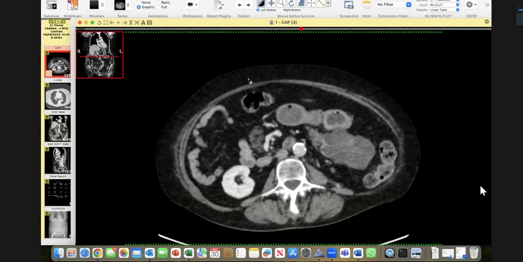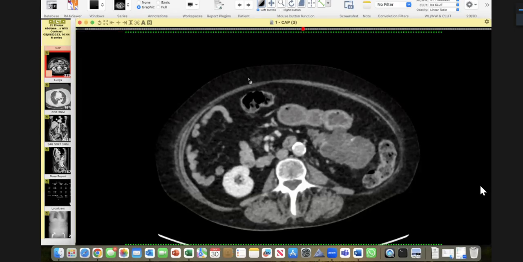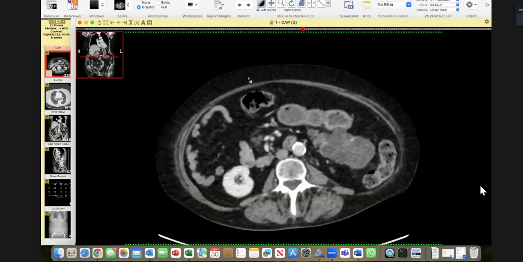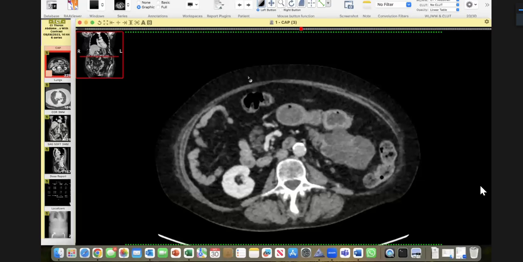So let me tell you the theory behind serous cystadenomas. Serous cystadenoma is a benign tumor. Please remember that among cystic lesions of the pancreas, serous cystadenoma, mucinous cyst, we use the word serous cystic neoplasm, and previously we used to say tumor, now we say neoplasm: SCN, or MCN, mucinous cystic neoplasm, or IPMN, intraductal papillary mucinous neoplasm.